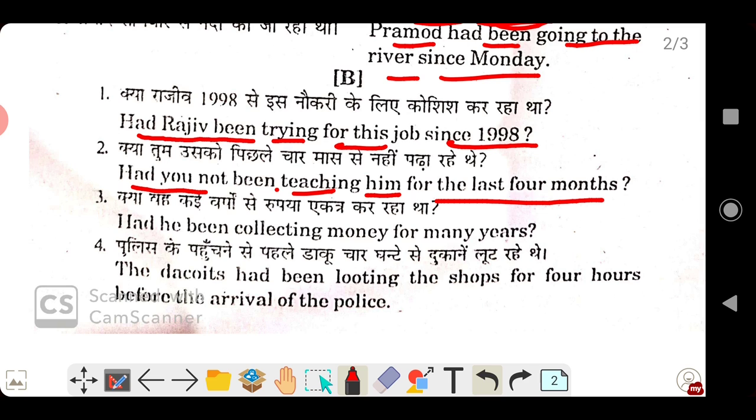And guys, those sentences that I'm discussing for you are based upon past perfect continuous tense. My intention is to make you understand how you can make your sentences on the basis of past perfect continuous tense. And I did the same thing in the last video session as well.